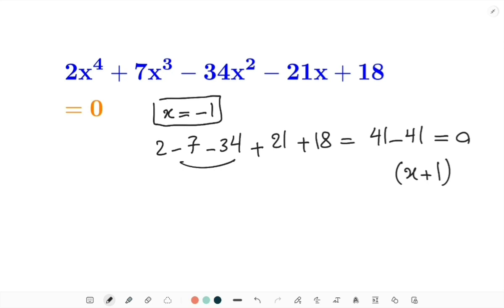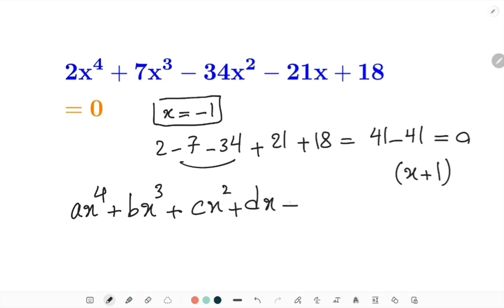In reciprocal equations, if we have, let's say, an equation of order 4, such as ax^4 plus bx^3 plus cx^2 plus dx plus e equals 0, it happens that these coefficients are the same.